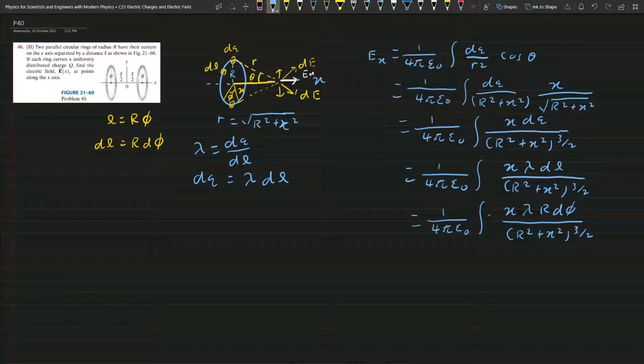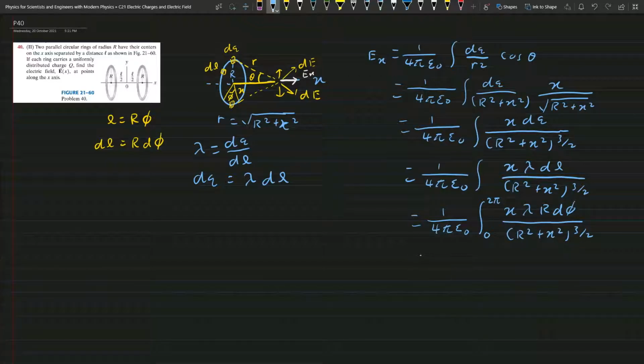And what is the range we want to integrate? In our case, we want to form a complete ring, right? So we must start here and rotate until we are back to here. That means we have to sum up this dl all along, which is given by from 0 to a complete circle, so to 2 pi.